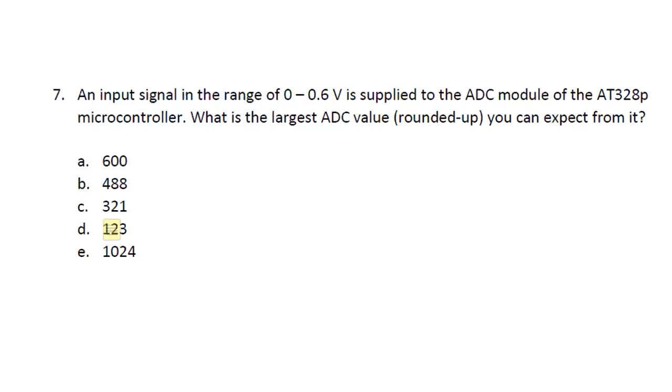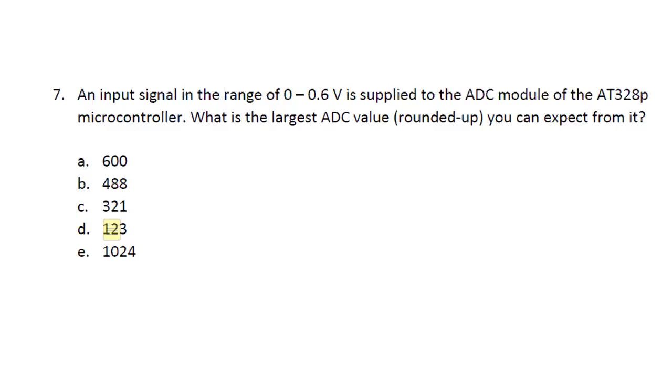Question 7: an input signal is in the range of 0 to 0.6 volts. What is the largest ADC value you can expect? Our Arduino Uno's ADC module can take values from 0 to 5 volts, correct? Since I only have a range of 0 to 0.6, the maximum value is 0.6 out of the full range of 5, multiplied by 1024, which gives me 122.88, which is rounded up.